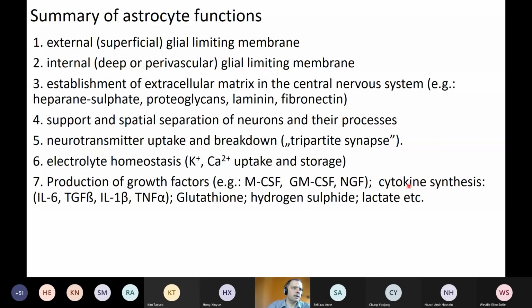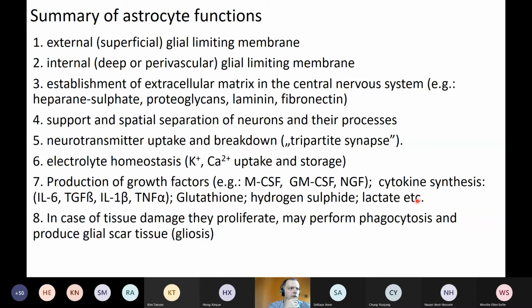They also produce cytokines, influencing the inflammatory processes, and in many biochemical processes, redox processes are involved. Hydrogen sulfide is produced also, which is a gas neurotransmitter. Lactate I mentioned, related to the nutrition. So there are several biochemical issues which come up if it's about astrocytes.